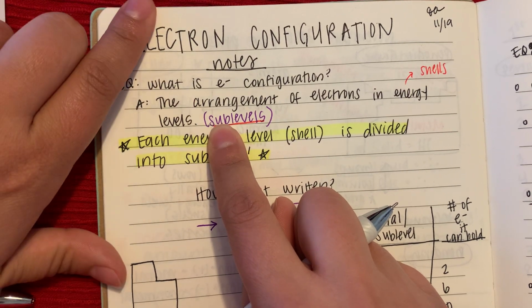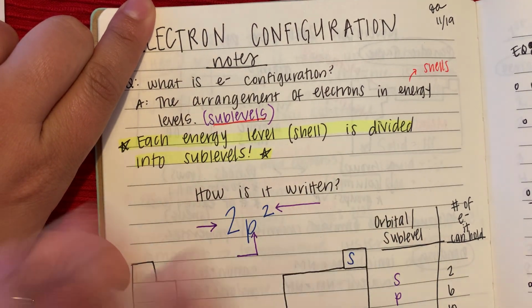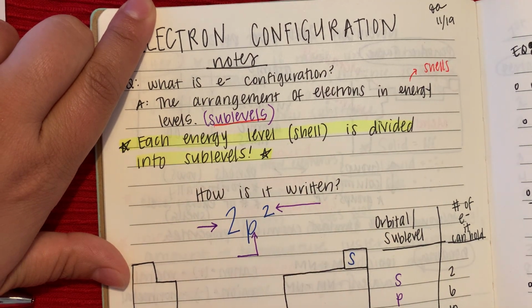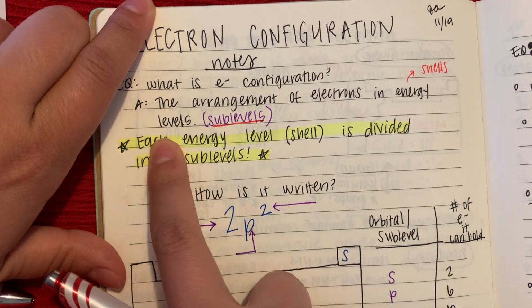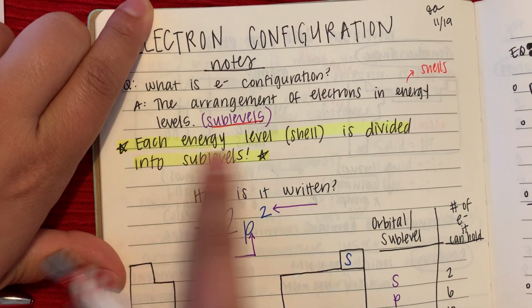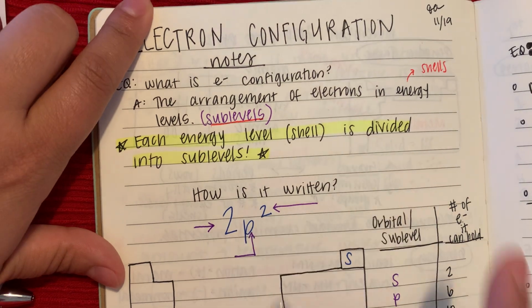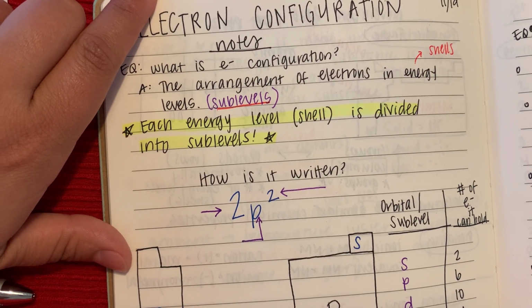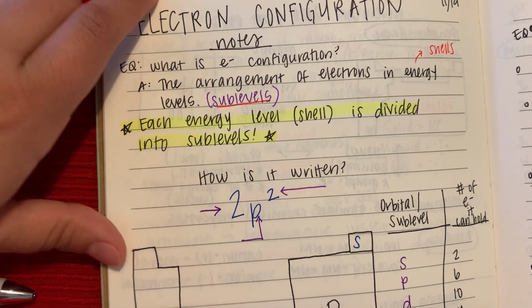It goes underwater, right? So sub meaning beneath. So beneath these energy levels are each of what we're going to talk about today. Each energy level is divided into sub-levels, and if you get anything today, if you remember, oh, she said something about sub-levels in S, P, D, and F, perfect. Then we hit our objective for today, okay?